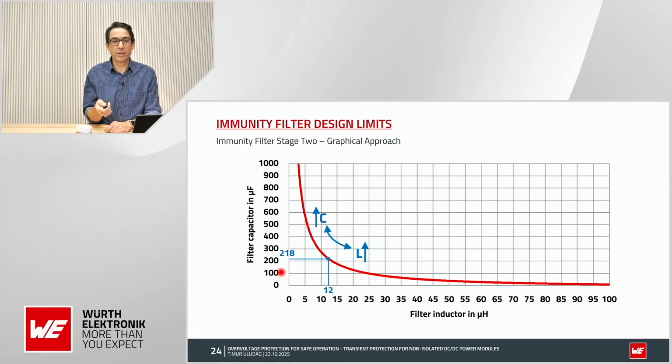So it's always the combination of C and L you have to look at. This is for the first calculation we did on the slide before. We chose an inductor value of 12 microhenry because of the RDC value and the current capability. Here we had this WE-PD2 series in mind.